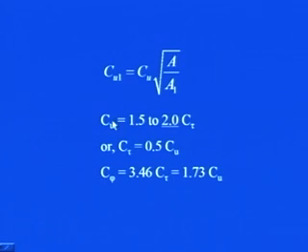Then once we know this Cu, you know that this is an empirical relation between Cu and C tau, that Cu is equal to 1.5 to 2 times C tau. Now, let us say that for this particular example I consider Cu to be equal to 2 times C tau. So, correspondingly C tau will be equal to half of Cu.